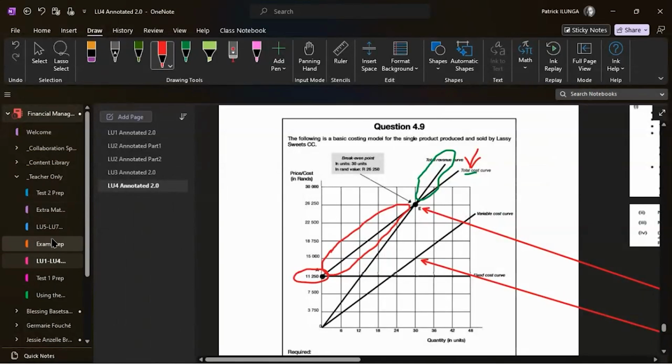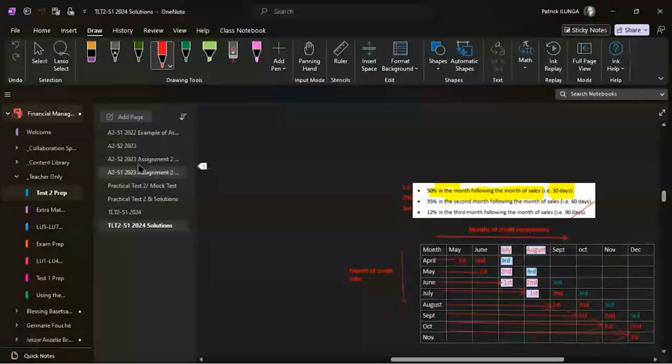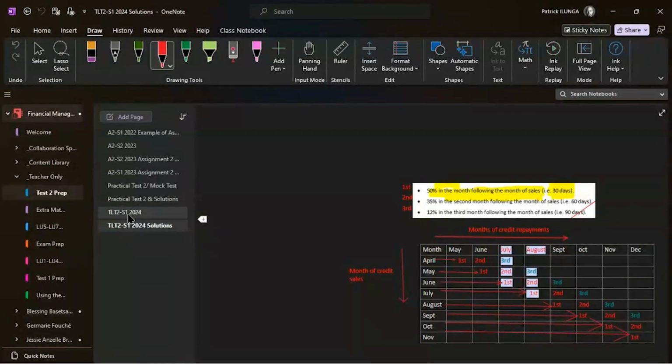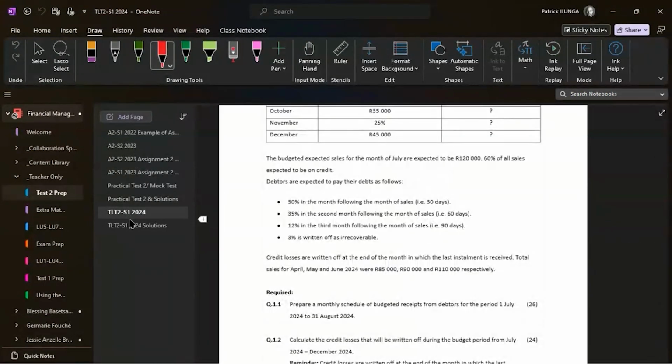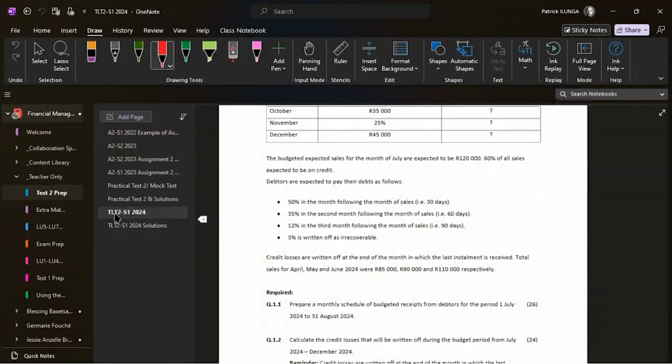Remember, you go to your test prep, and in your test prep you will see everything. So you take one, you do it on your own. Then when you finish, you go to the solutions and check your solutions. And if there's something you're not understanding, your finance guy is available for you at any time.